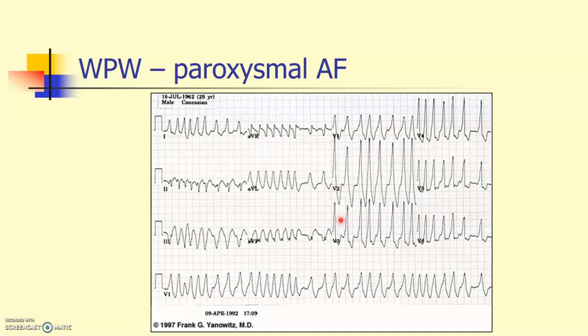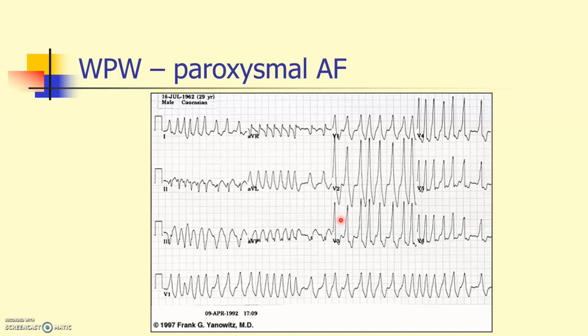If you do have Wolff-Parkinson-White, there's a risk that this can lead to atrial fibrillation because of uncontrolled entry of impulses through both the AV node and the accessory pathway, which can then cause a retrograde circuit movement between the accessory bundle and the AV node, ultimately leading to atrial fibrillation and a broad complex irregular tachycardia, which is the hallmark of Wolff-Parkinson-White paroxysmal broad complex atrial fibrillation.